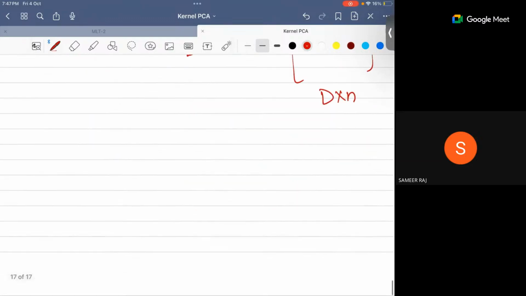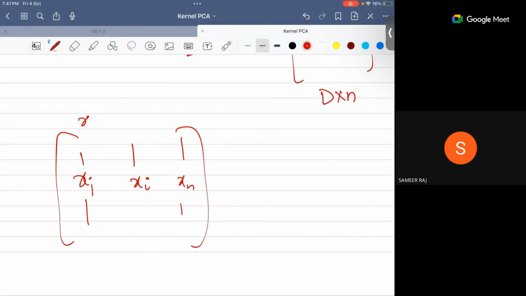See, when we were changing, we were having x1, x2, up to xn, and we applied some mapping, right? We don't know the mapping, but at least the shape we can say.